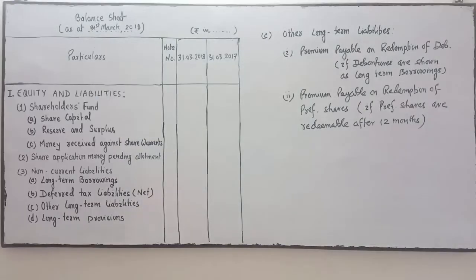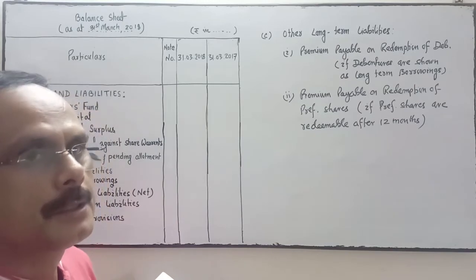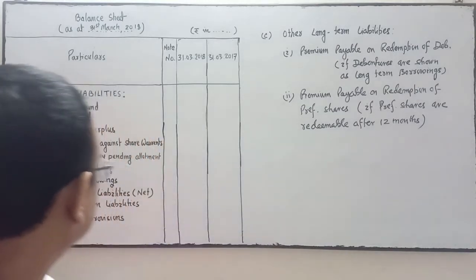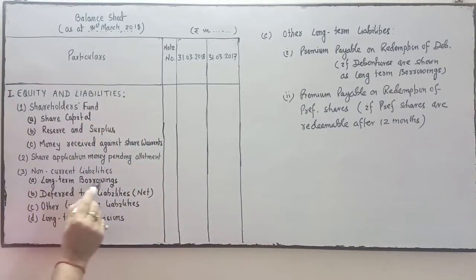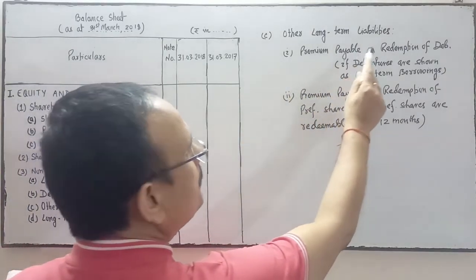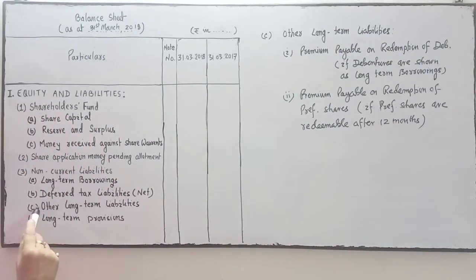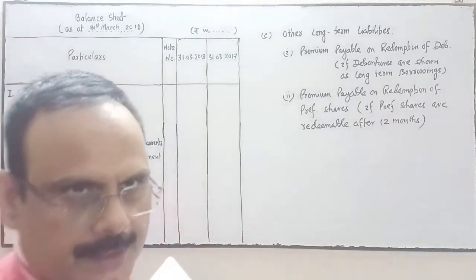Is it clear? So if the debenture is going to reflect in the balance sheet under long-term borrowings, then the premium payable on redemption of that debenture will be shown in this subheading, other long-term liabilities.